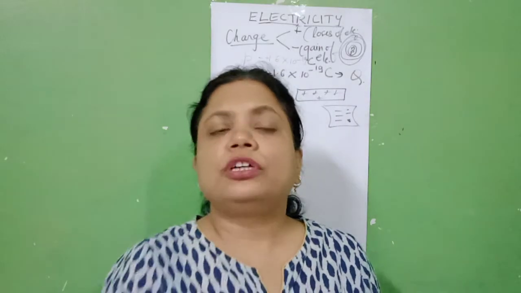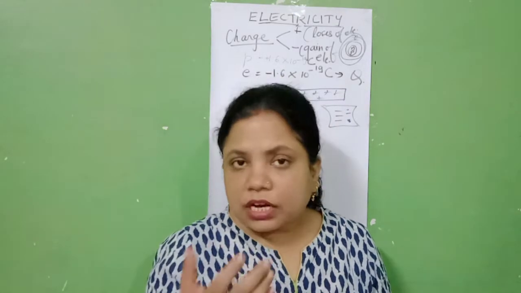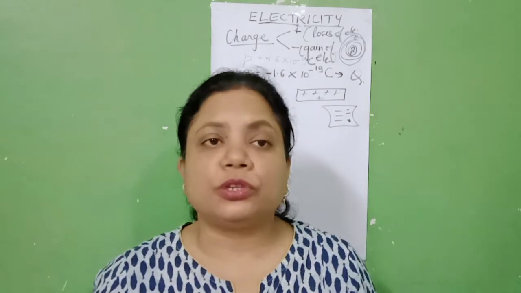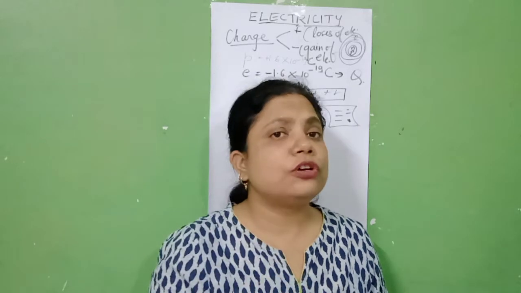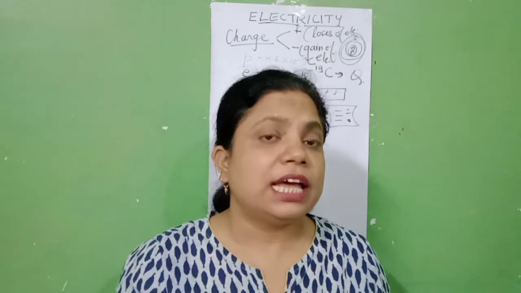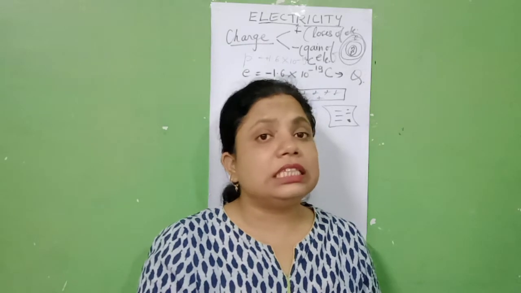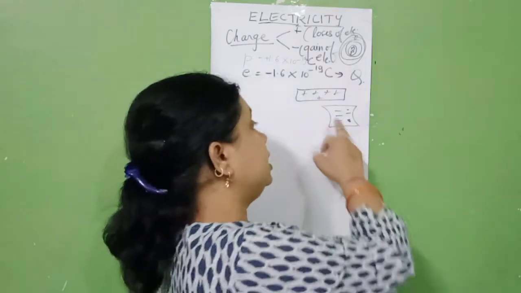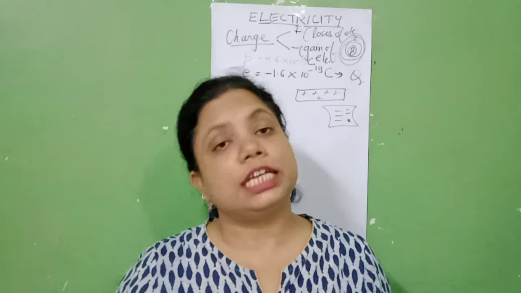Fine. So, positive charge is acquired by the proton. That means the glass rod loses the electrons and the silk cloth gains the electrons. That's why it has a negative charge.